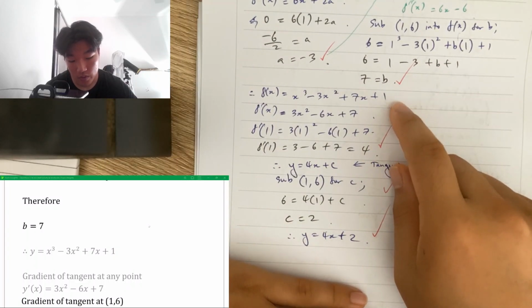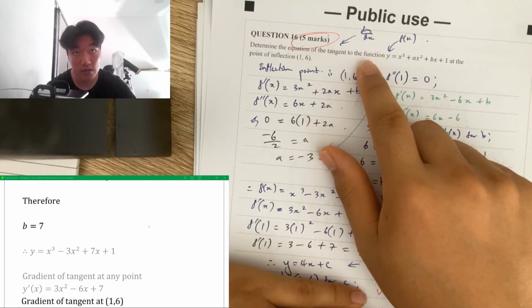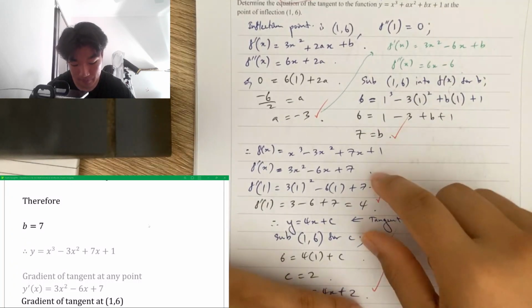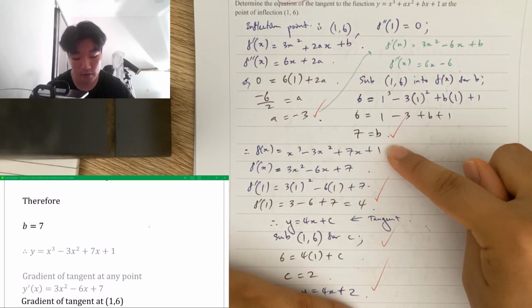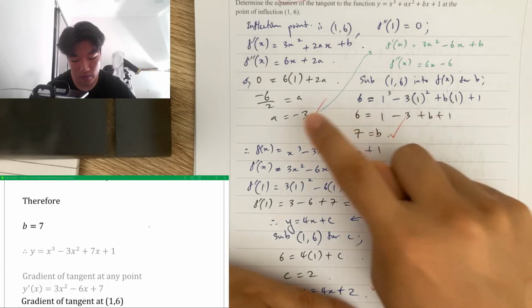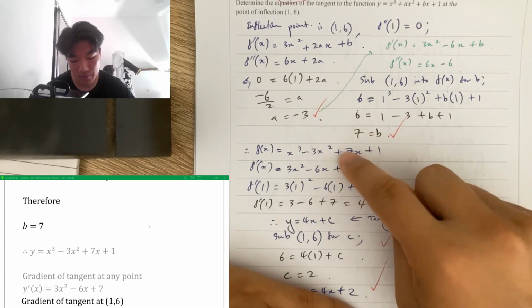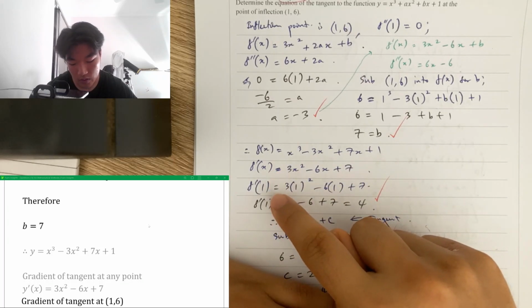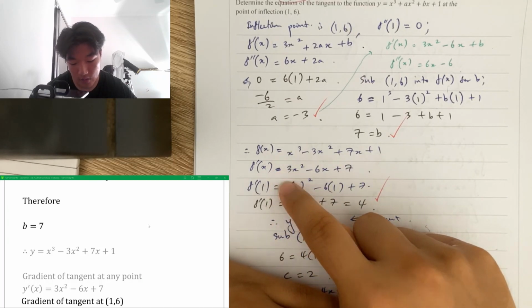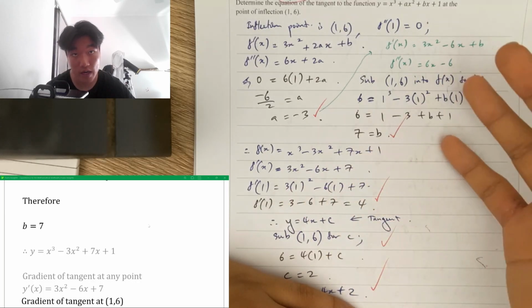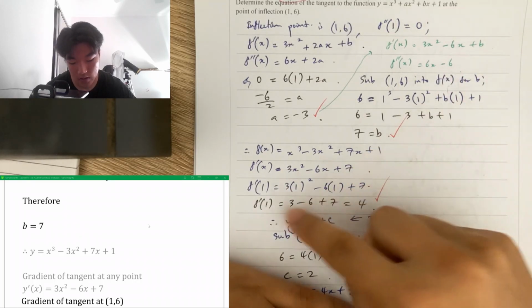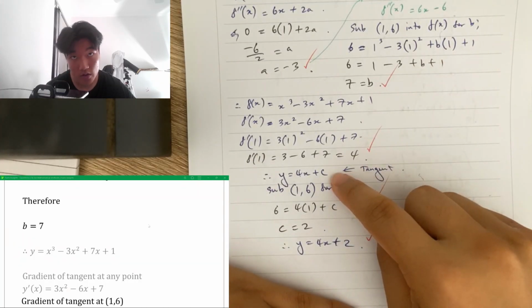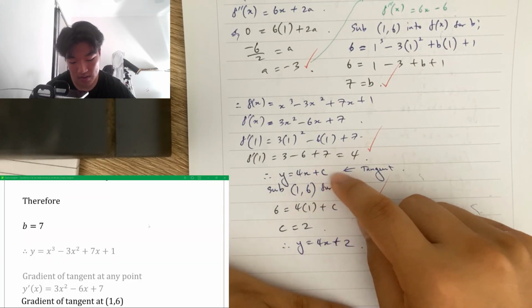Then what we need to do is work out the equation of the tangent to the function at (1, 6). So I've written the function with the values of a and b, and then we get the first derivative. We want the first derivative at x equals 1, which is the gradient of the tangent, and we work that out to be 4. So the tangent equation would be something like y equals 4x plus c.